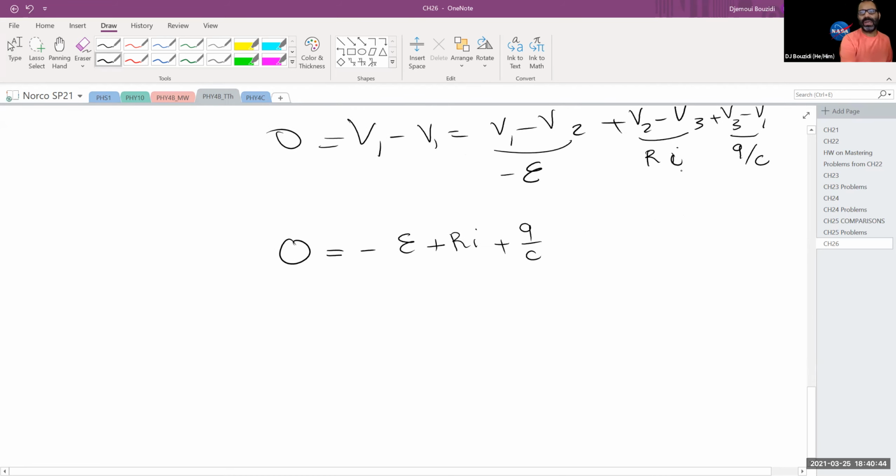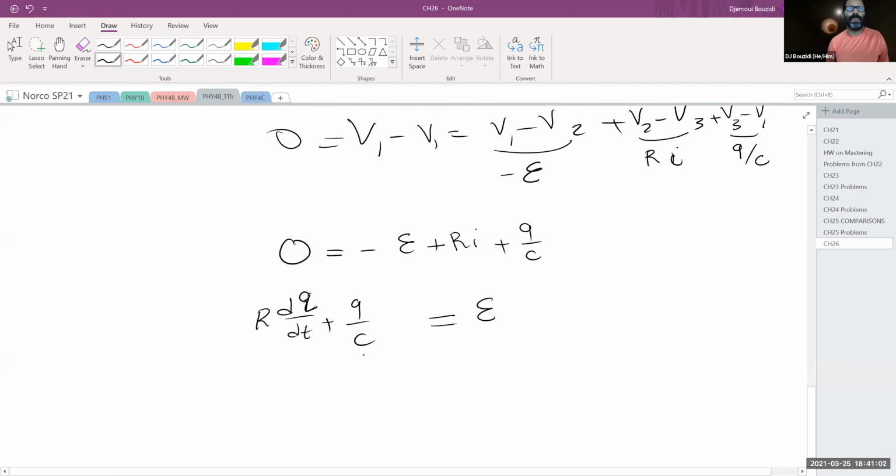So what I'm going to do now is write this expression, move the negative epsilon to the other side, and I have R times dq over dt, plus Q over C is equal to epsilon. So this is the equation that we ended up with.